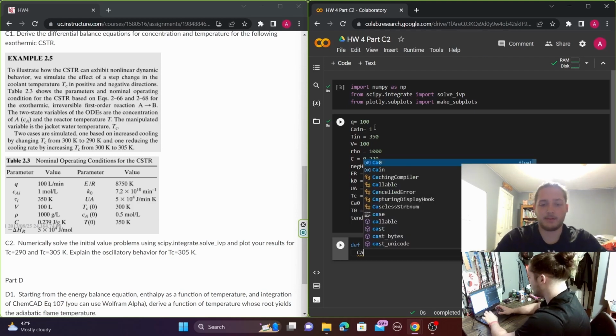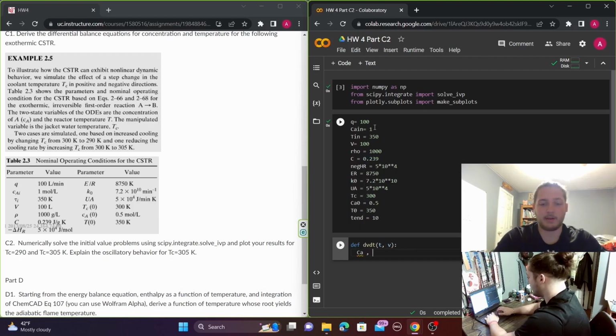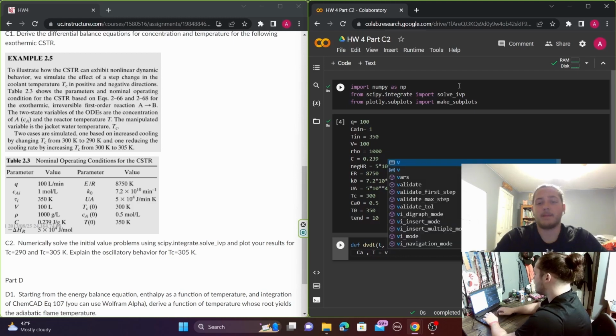Next, we are going to declare our variables that we are looking for, and that is our concentration and temperature, and we are going to make that equal to our V, so that we can use those two functions that we are looking for and plug them into the same differential equation, just with different boundaries and such, in order to solve our problem at hand.